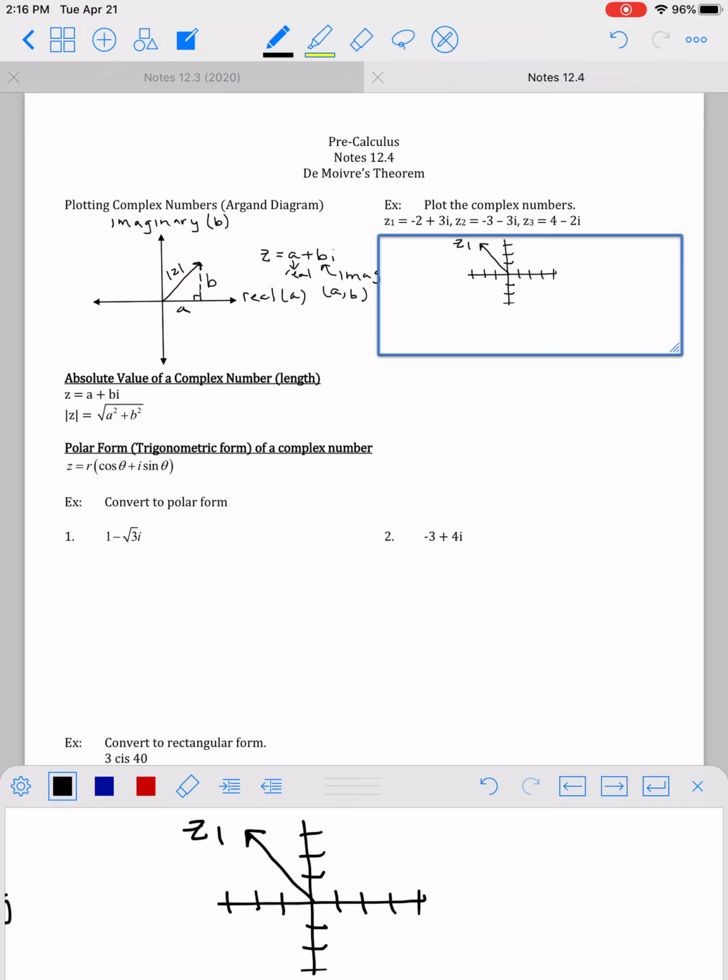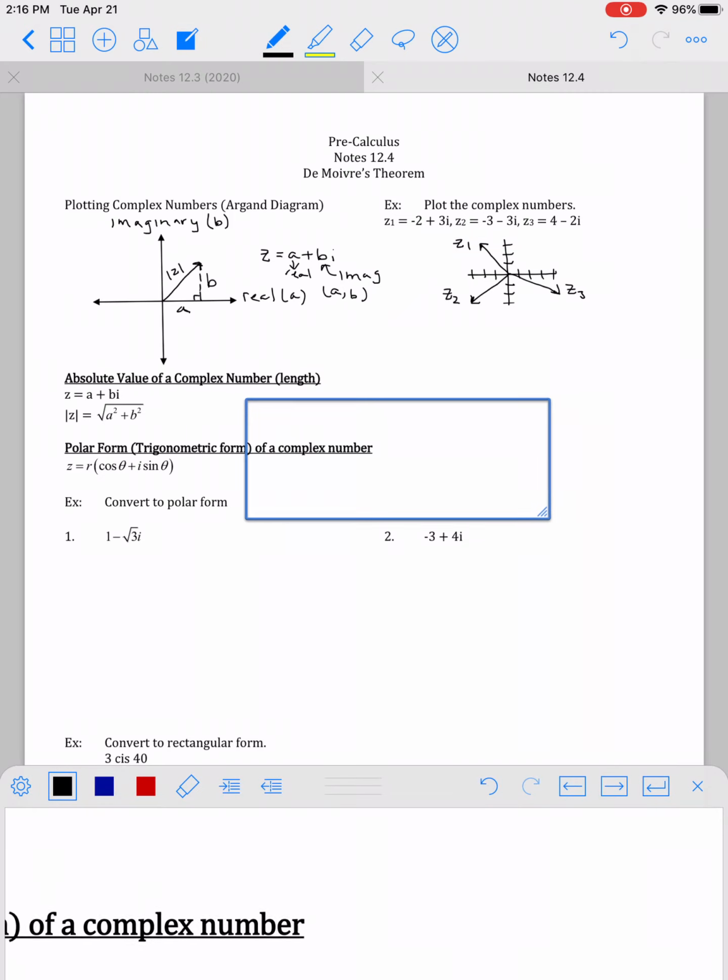So that's z1. z2, -3, -3, draw. So it's basically point plotting as you know it, but complex numbers are expressed as vectors. So we'll do it like that, and that would be z3. Okay, so that shows you quite simply how to plot those.